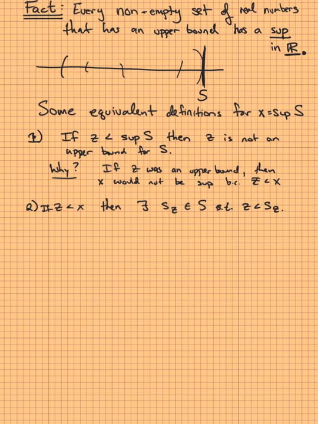Okay, so this is precisely from part 1. This is just writing down what it means to not be an upper bound of S. It means you have an element of that set which is larger.